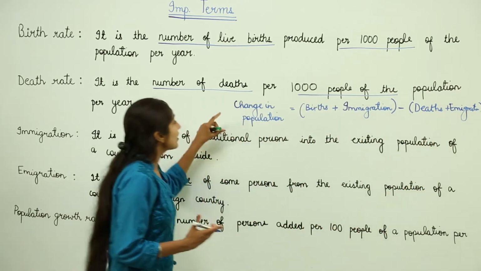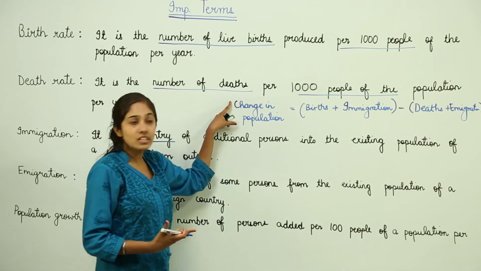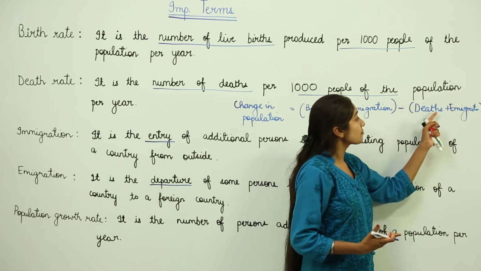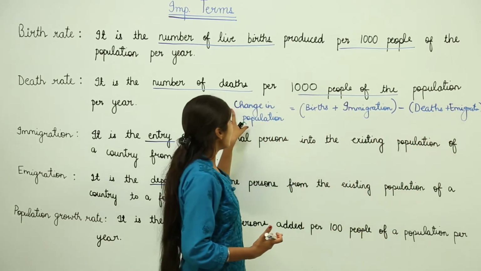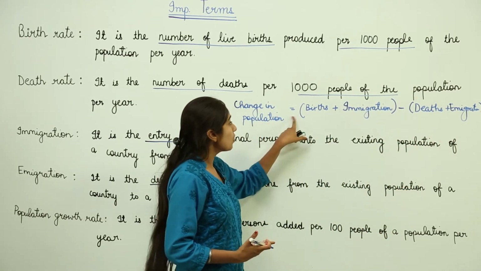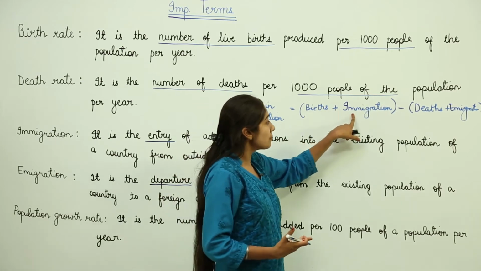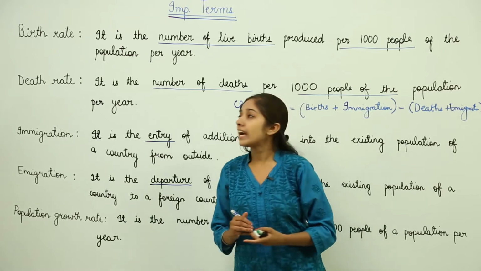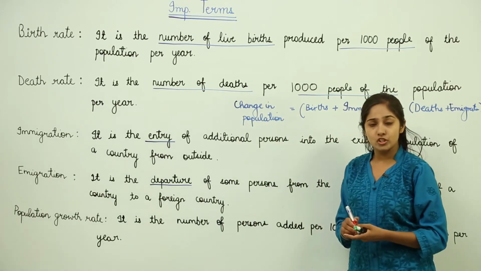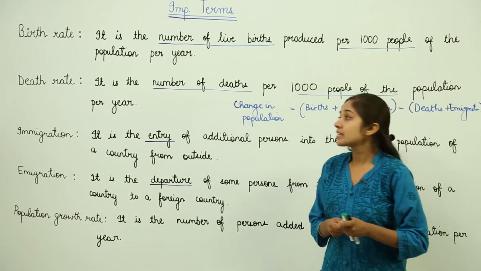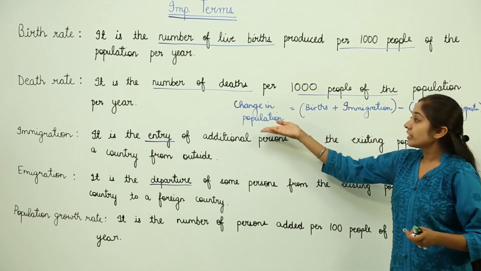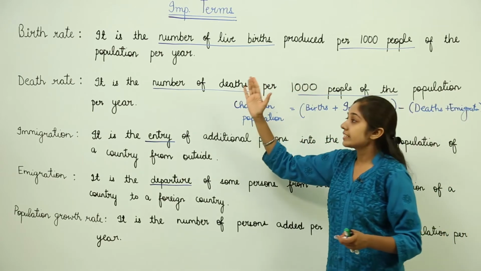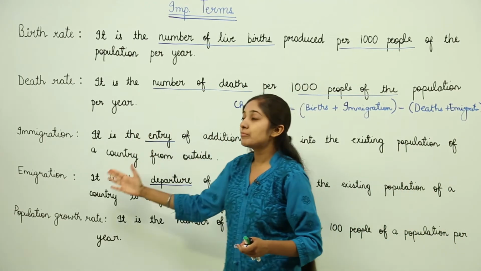So, change in population is equal to births plus immigration minus deaths plus emigration. I hope that these four terms are very clear to you. You are able to define these terms, and you can write a relationship between these four terms, that is birth rate, death rate, immigration, emigration.